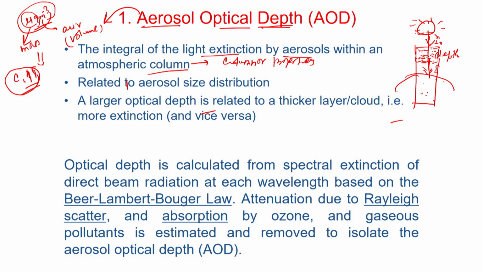Above that concentration we say it is polluted, below that we say it is not polluted. But here, the column is not there, there is no column actually. Here there is just a volume of air.